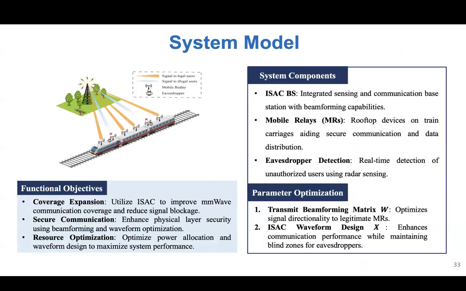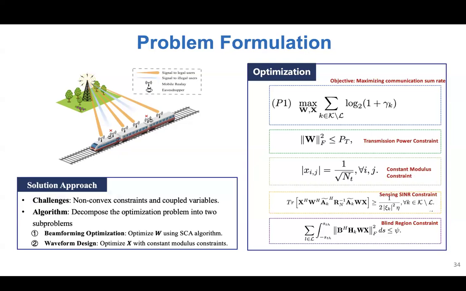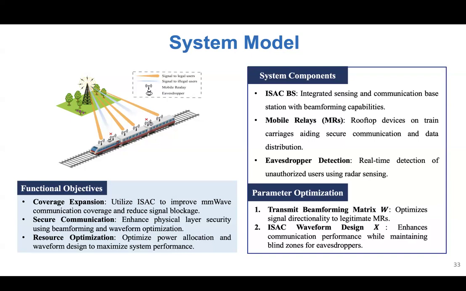Okay, and here this is an example: the speed train is moving, and the base station uses ISAC to locate the customer. So we have the ISAC base station, mobile relay, and we can also have the eavesdropper and so on. So basically, we have the parameters by changing the beamforming pattern and also the waveform design matrix X. And here I think we need to remove the eavesdropper detection.